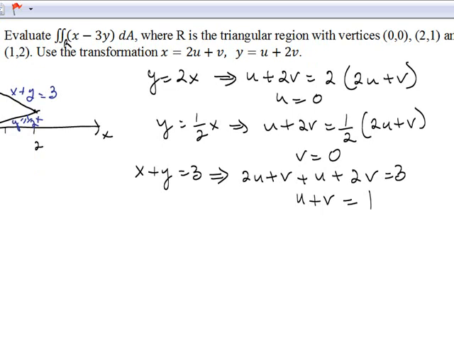So now we're in the UV plane. We need to draw the line u plus v equals 1. So it just passes through 1 and 1 here. Okay, so this is the line. Let's call it v equals 1 minus u.